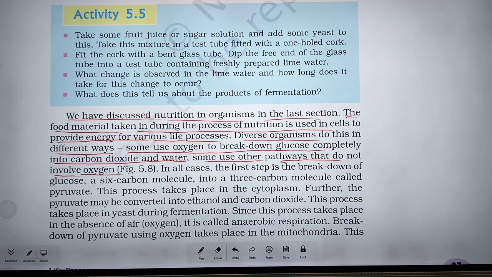It means there are two different ways. The first one is the use of oxygen to break down glucose completely into carbon dioxide and water, and the second one is without using oxygen.